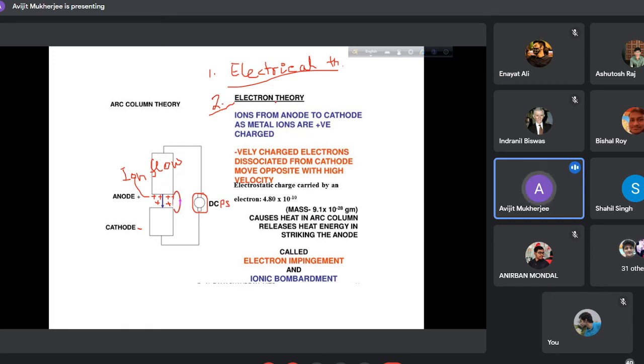We are not discussing it in detail, but if you go through some books like Little or any other book, for your understanding, you may look at the electronic structure. What is the structure of an atom? In the center there is a nucleus, where there are protons and neutrons.